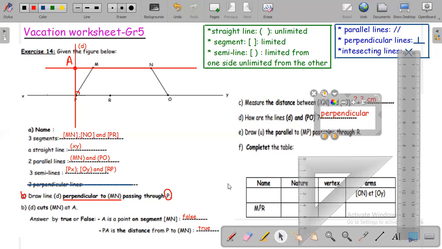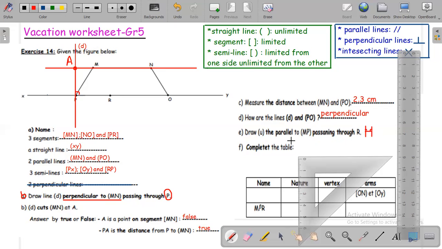Now draw U, the parallel to MP passing through R. So we want to draw here the parallel, and when we have parallel, we have to remember the letter H. The letter H. So we need a perpendicular here and a perpendicular here.